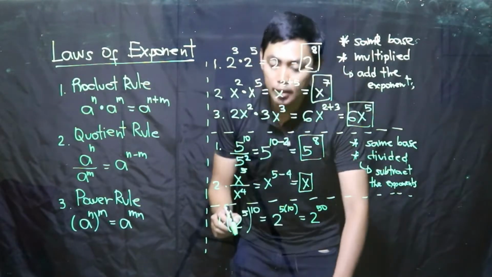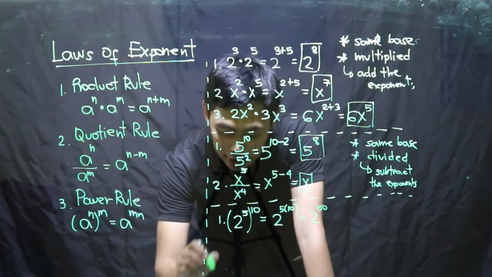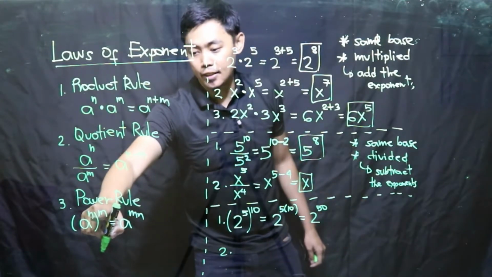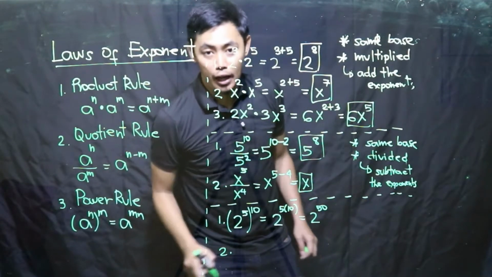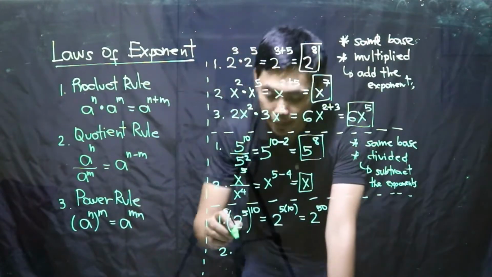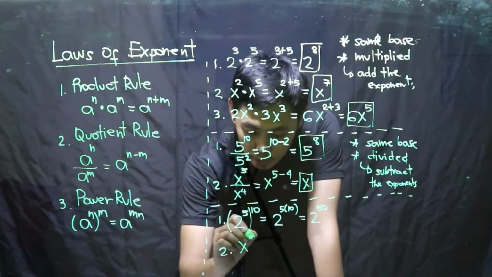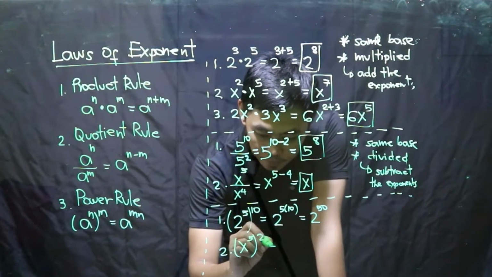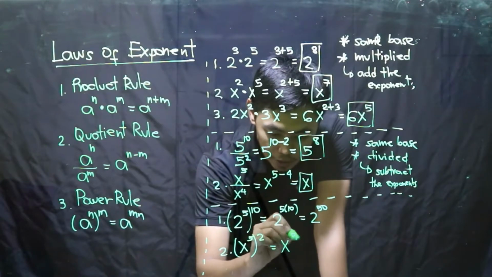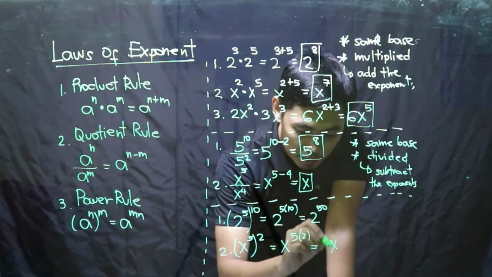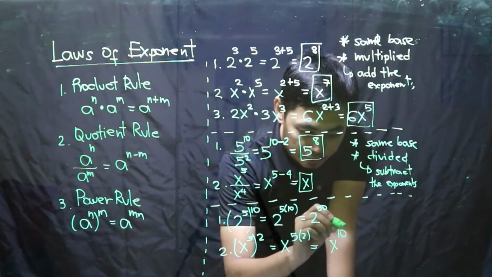Okay? Let's have another example, last example. So for the power rule, as you can see here, a to the power of n is raised to the power of m, you simply multiply. Shall we say x to the power of 5 raised to the power of 2. So this would become x to the power of 5 times 2, x to the power of 10.